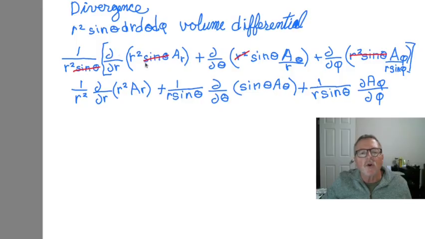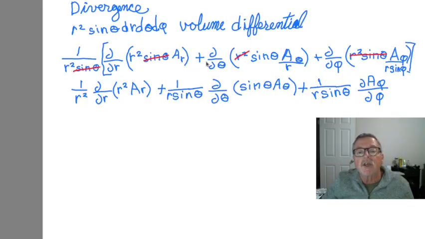You think, oh, automatically these are going to cancel out, but not necessarily. I've got the red line here through the sine theta and the sine theta down here because the sine theta does not vary with the radius. Because it doesn't vary with the radius, it's a constant. So I can bring that out here and get rid of one of these sine thetas.